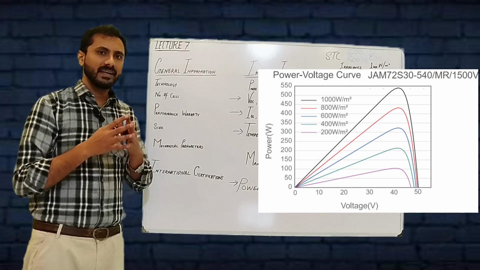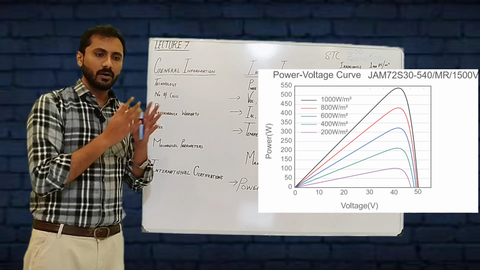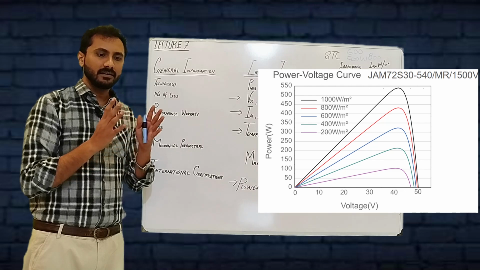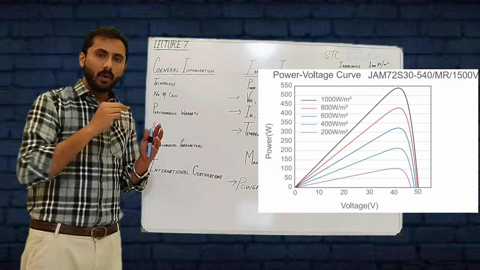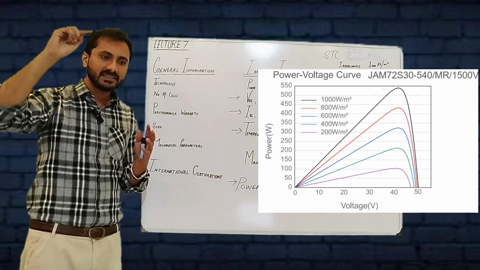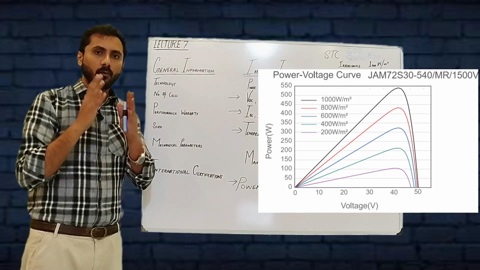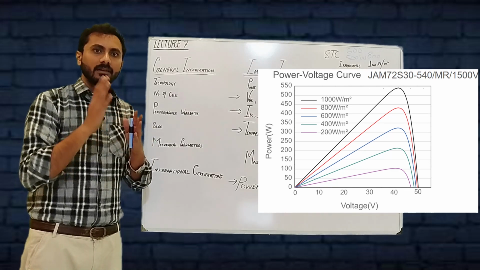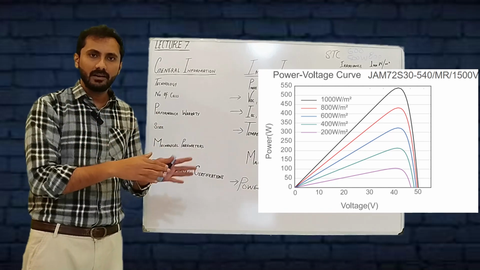In this graph, we can see when the irradiance level is higher, 1000 watt per meter square, and the voltage is nearly equal to 49.9, the power curve reaches the maximum power, which will be 555 watt. When the radiance is lower, the voltage will be lower, and the power in result will be lower.